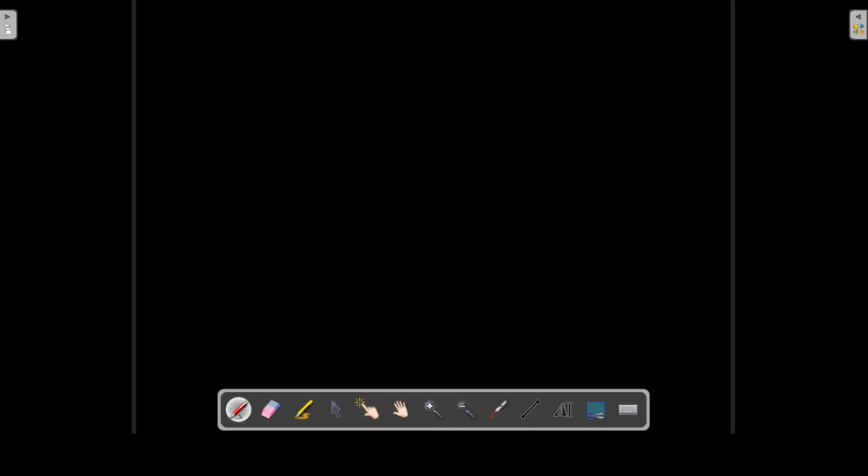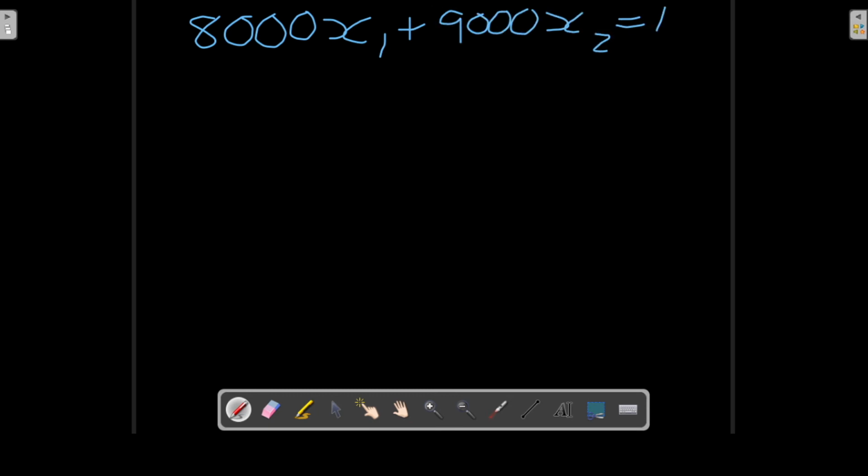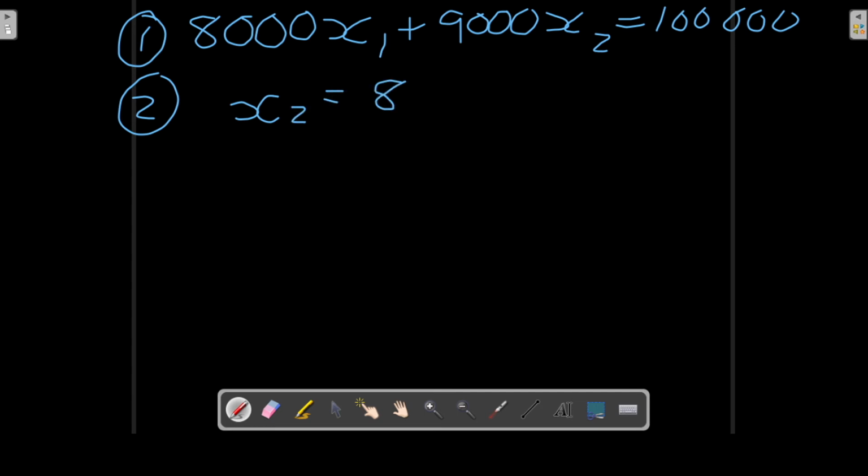So we can do it on the next slide. Okay, so restriction 1. That's my restriction 1. And my restriction 2 is x2 equal to 8.